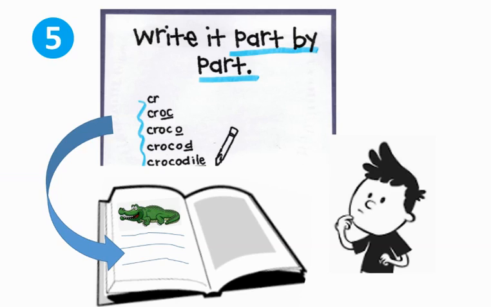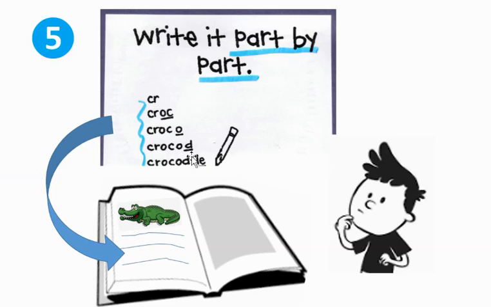Cr. Well, we know that's the CR that makes the cr sound. Croc. Well, you know that could be a C over here too. Croc. Short O and C. Croc-o. So there's a long O.